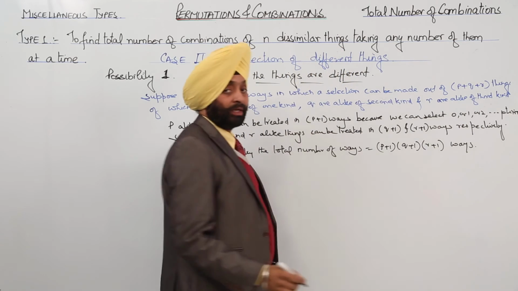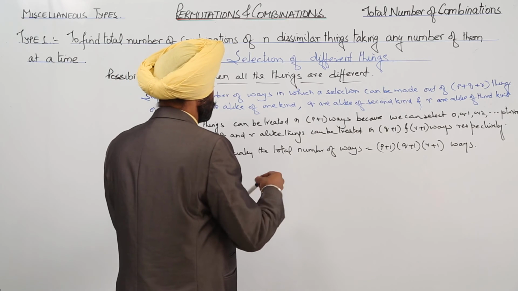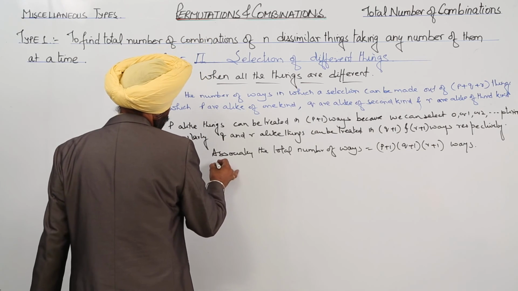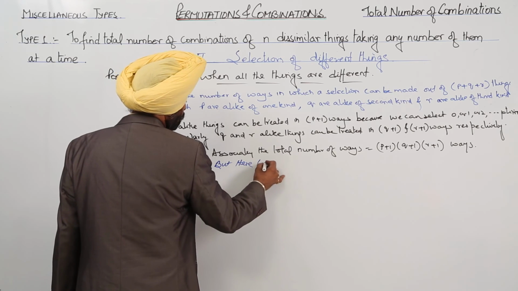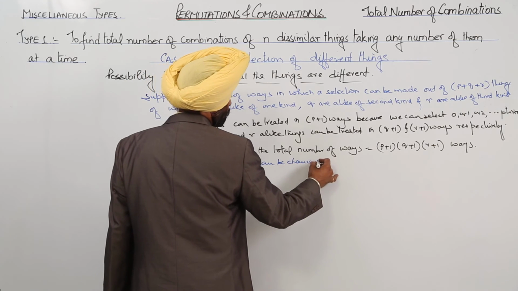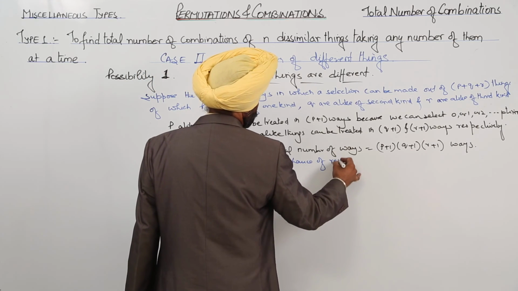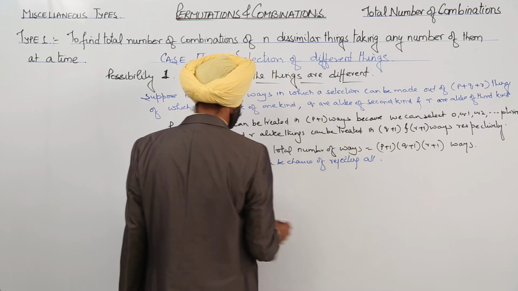Now one possibility is that we can't select all the three, but there can be a chance of rejecting all.